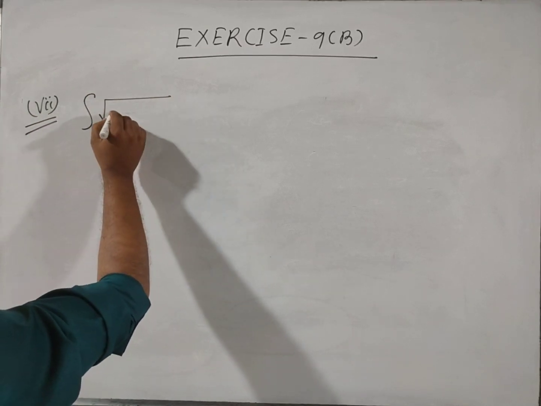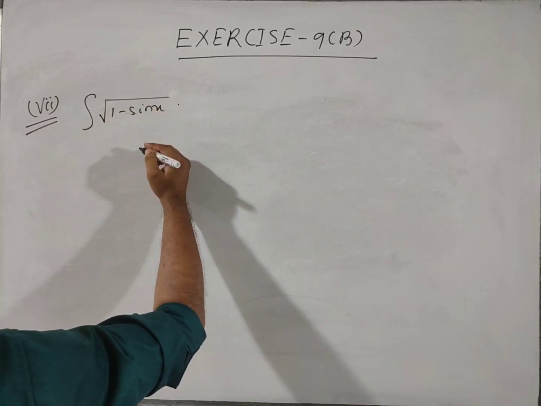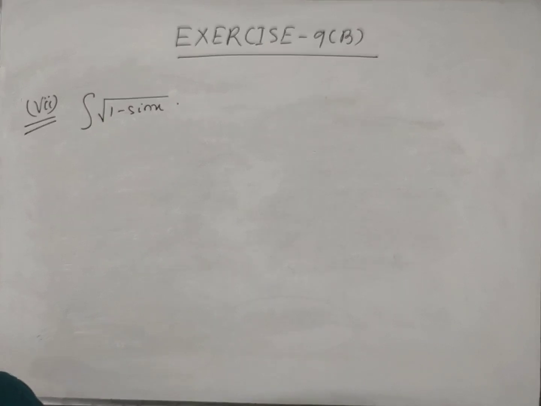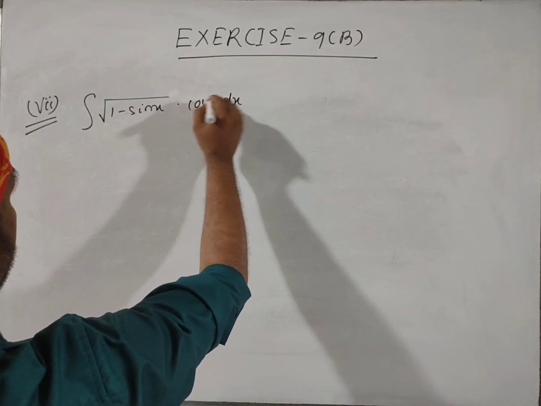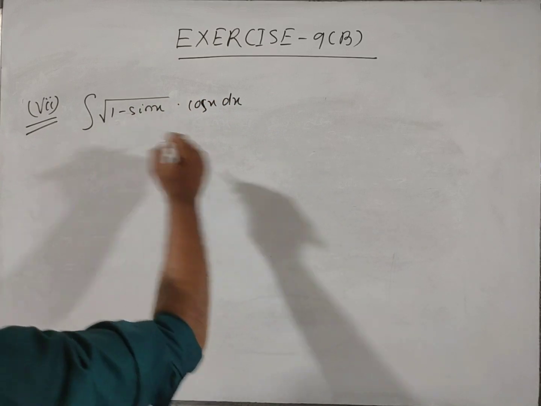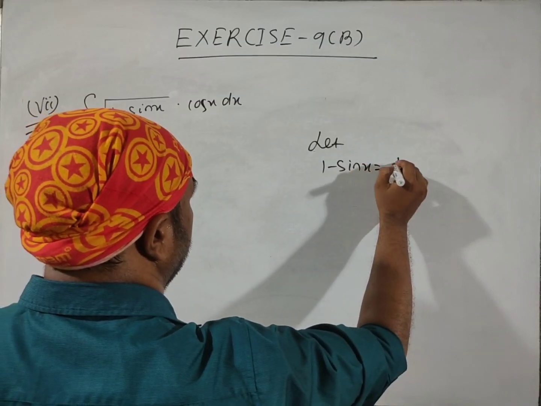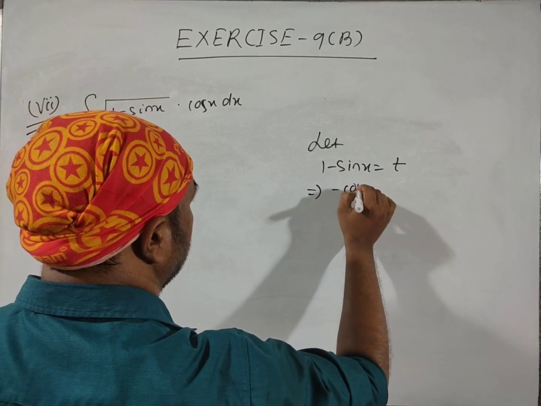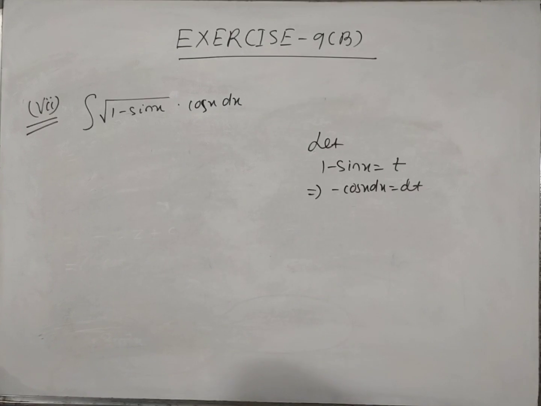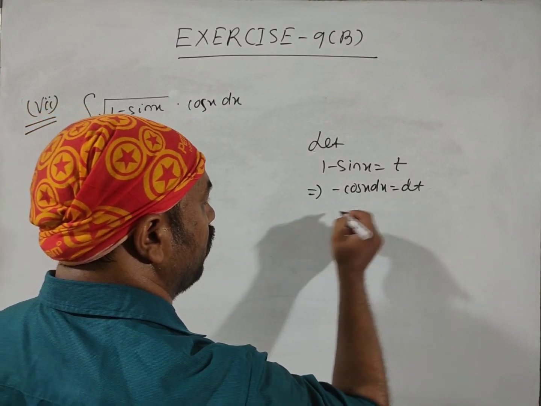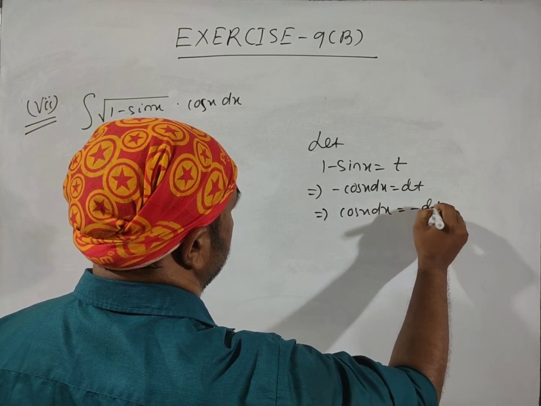Integral of square root of 1 minus sin x multiplied with cos x dx. Then let us consider 1 minus sin x as t. So minus cos x dx, it is dt. Then cos x dx will be minus dt. Cos x dx, it is minus dt.